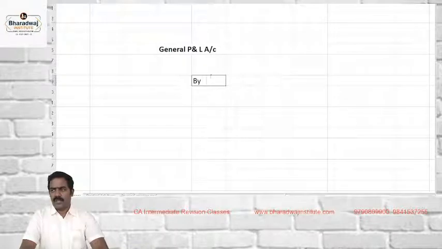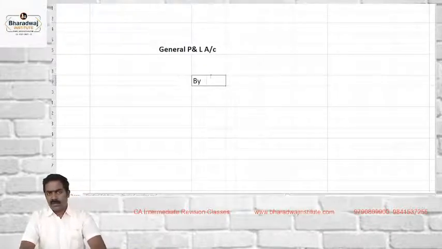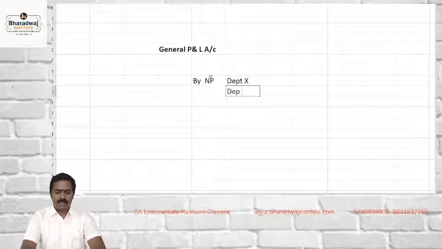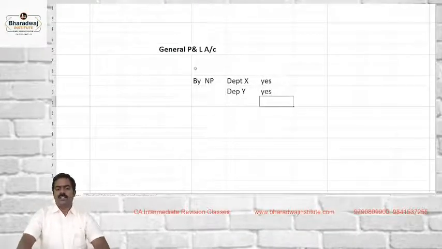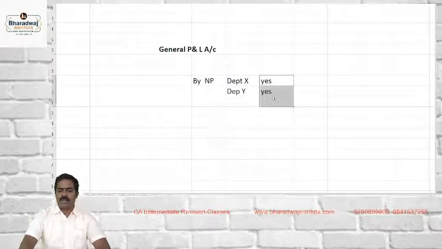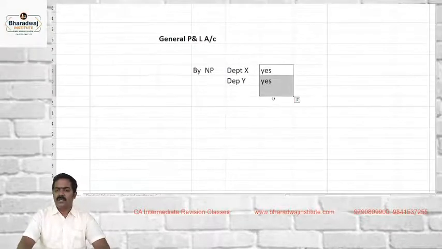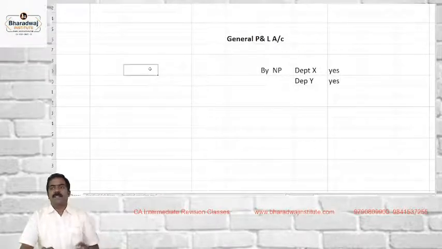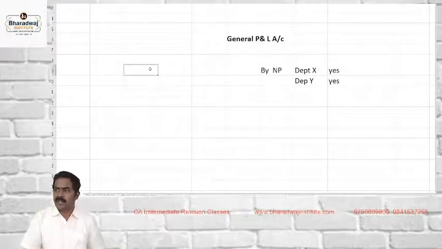Pay attention, I will tell you. For how to remove the stock reserve, we will bring the net profit of the departments, let us assume department X and department Y, into a common column. That is which account? General P&L account. Then some expenses may not be connected to your departmental activity.